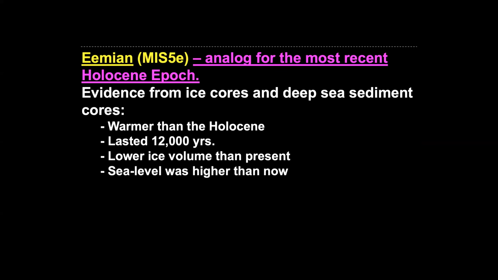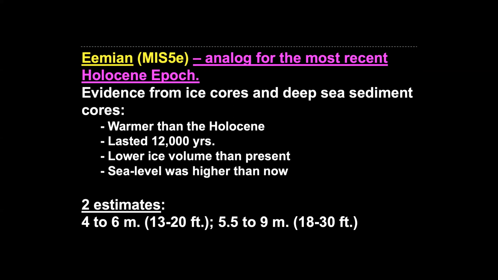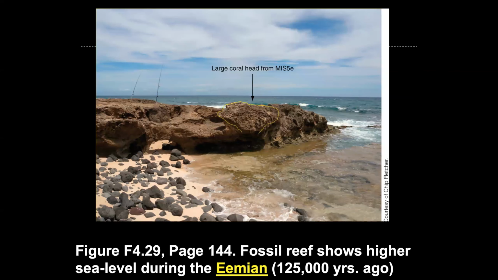And evidence from ice cores and deep sediments indicates that it was warmer, and that it lasted about 12,000 years. That's lower ice volume than we currently have. So there was less ice in Greenland and Antarctica, and sea level was higher than it is today. And there are 2 estimates between 4 to 6 meters. And here's a great image of coral that is now above sea level.